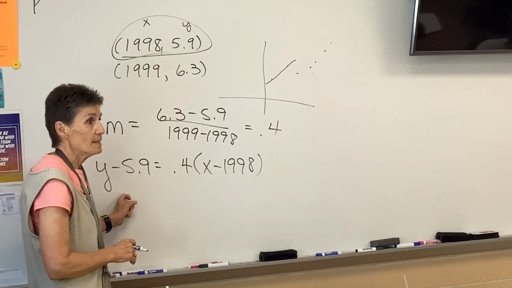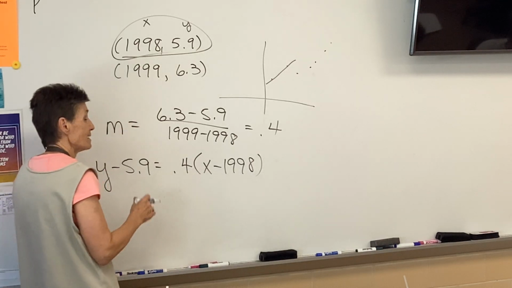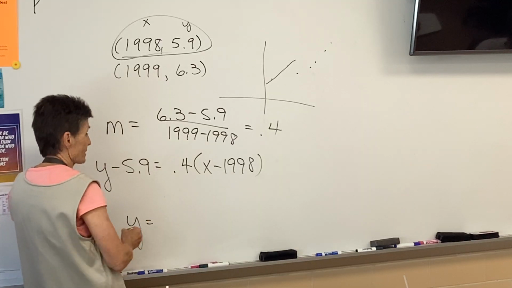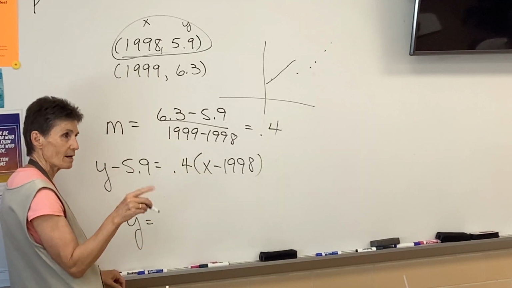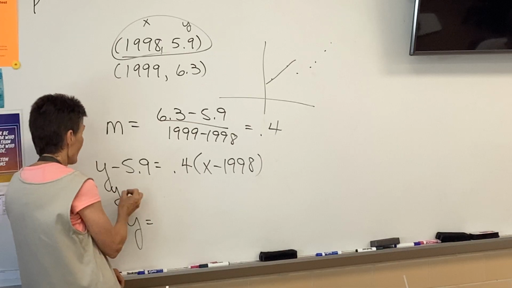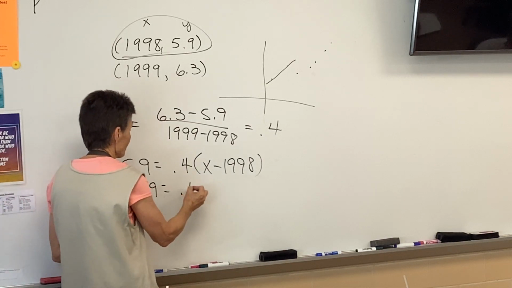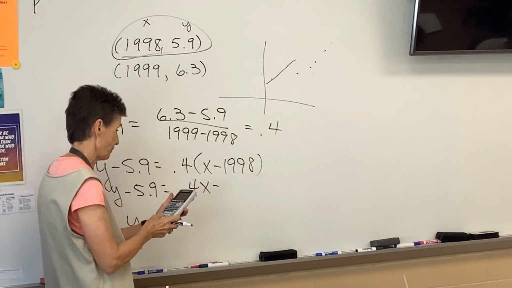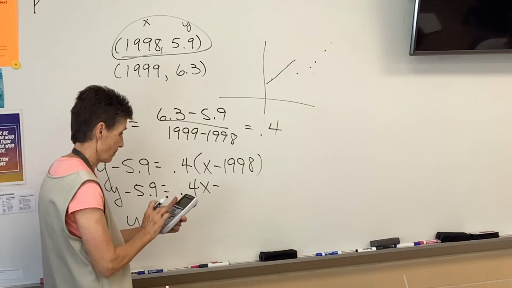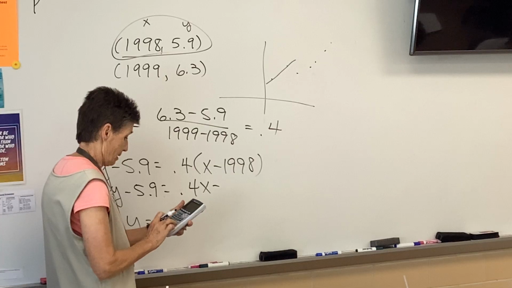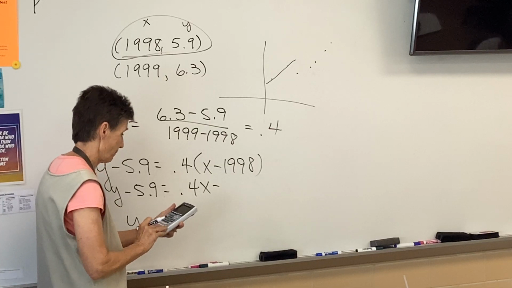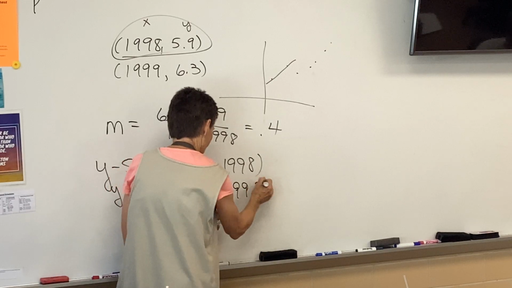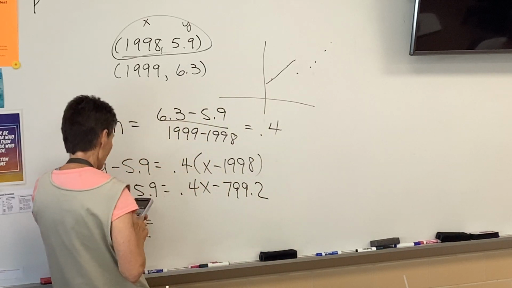Okay, now it says Y in terms of X. So I'm going to go ahead and clean this up and get Y equals. That's what Y in terms of X means. So I'll do the distributive, and add the 5.9.